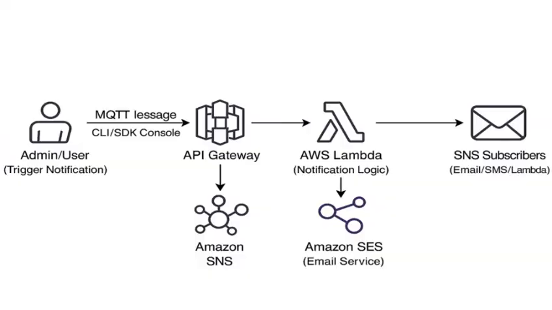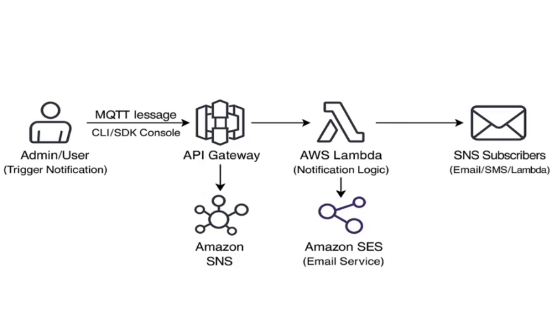Now I'll explain the flowchart, how this serverless notification system works step by step. First, the notification will be triggered, like an admin or system sends a message via CLI, SDK or web UI. Then the API Gateway acts as a front door. It will receive the message and forward it to AWS Lambda.